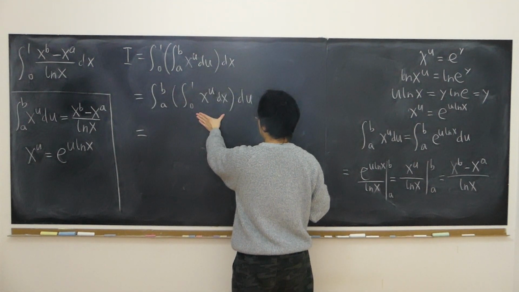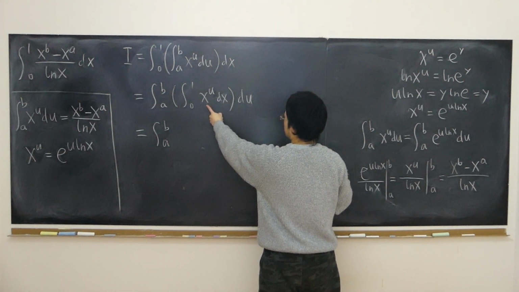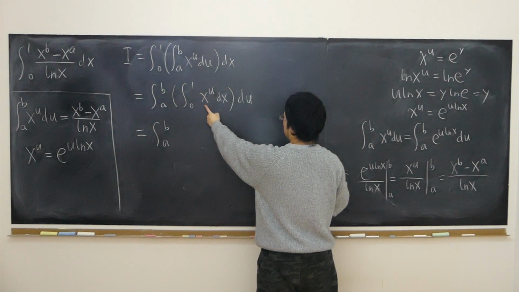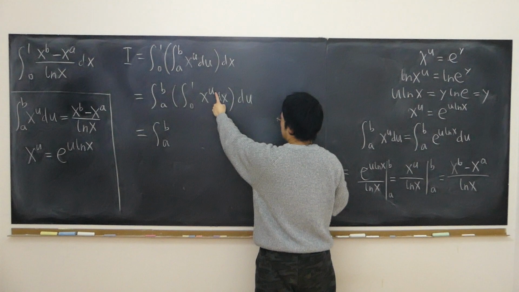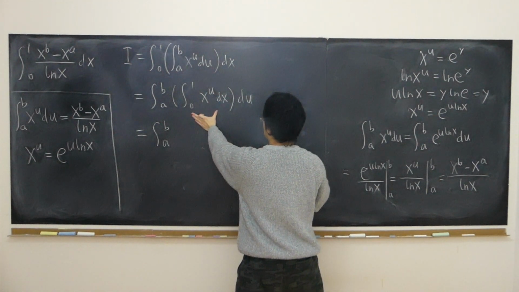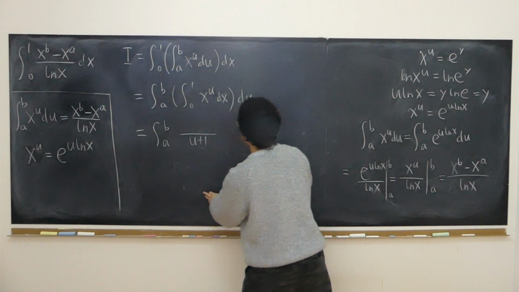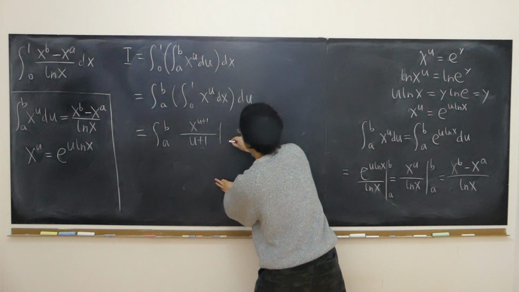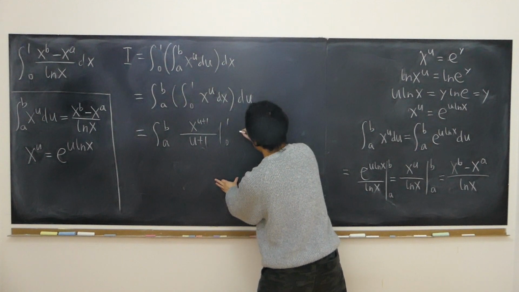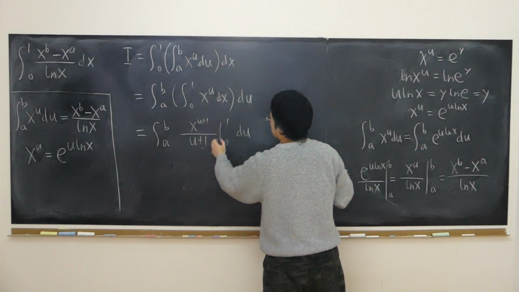Therefore, we integrate the inside first, which should be easy. Using the normal rule of antiderivatives, treating x as a variable and u as a constant, this easily becomes x to the power of u plus 1 over u plus 1, lower bound 0, upper bound 1, then du.